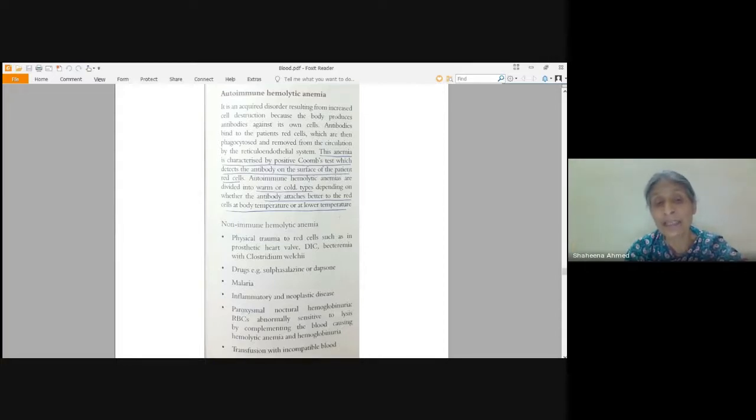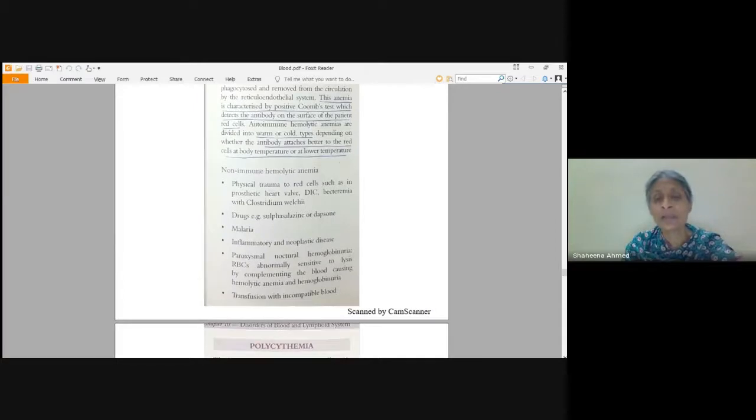If they attach at body temperature, then they are known as warm antibodies. If they attach at lower temperatures, then we call them cold antibodies.